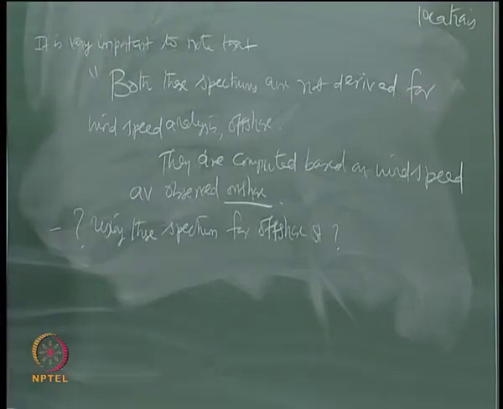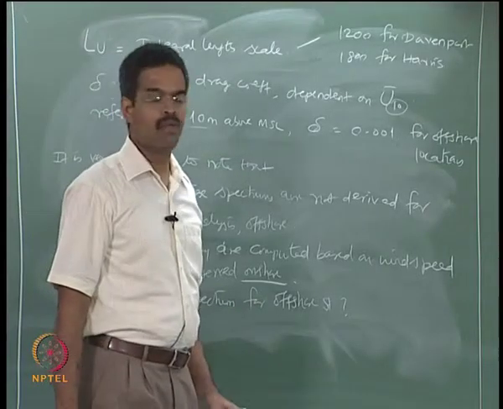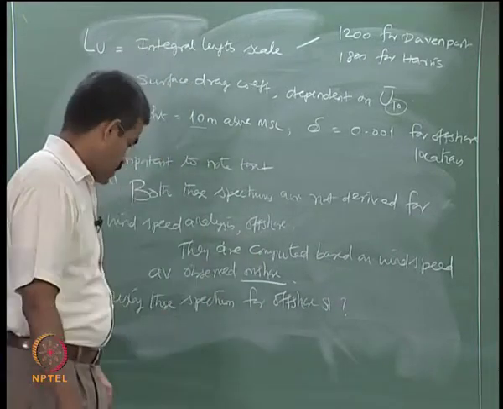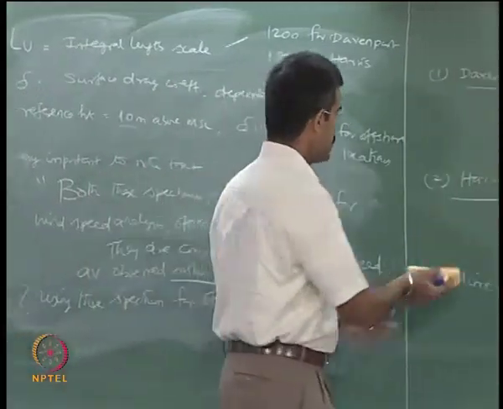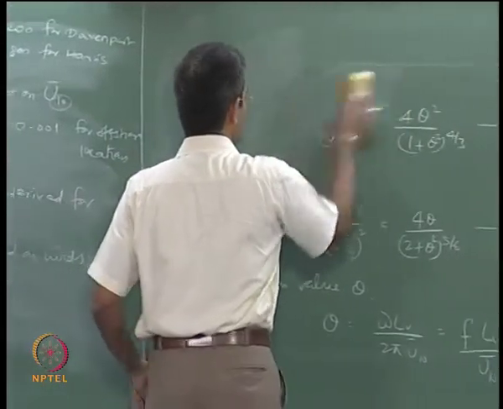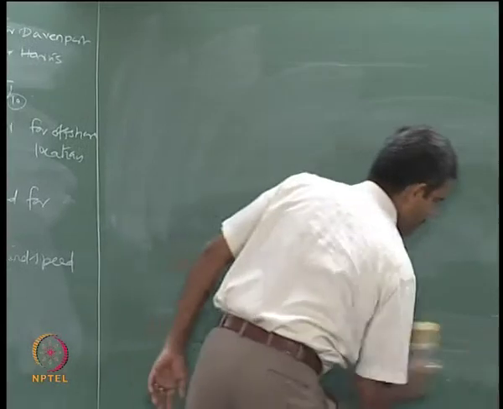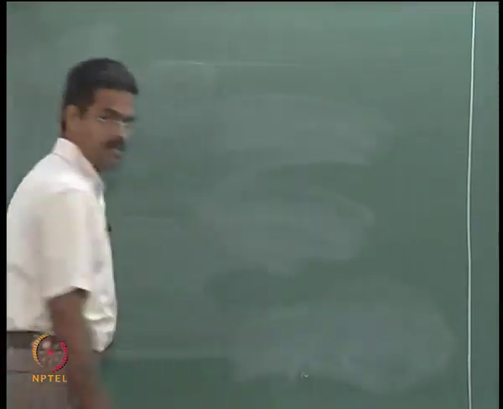People have been questioning the spectrum. Now, one may wonder what would be the significance of using a wrong spectrum which is not meant for an offshore location. As far as bottom supported structures are concerned, we have already discussed this in the last lecture.